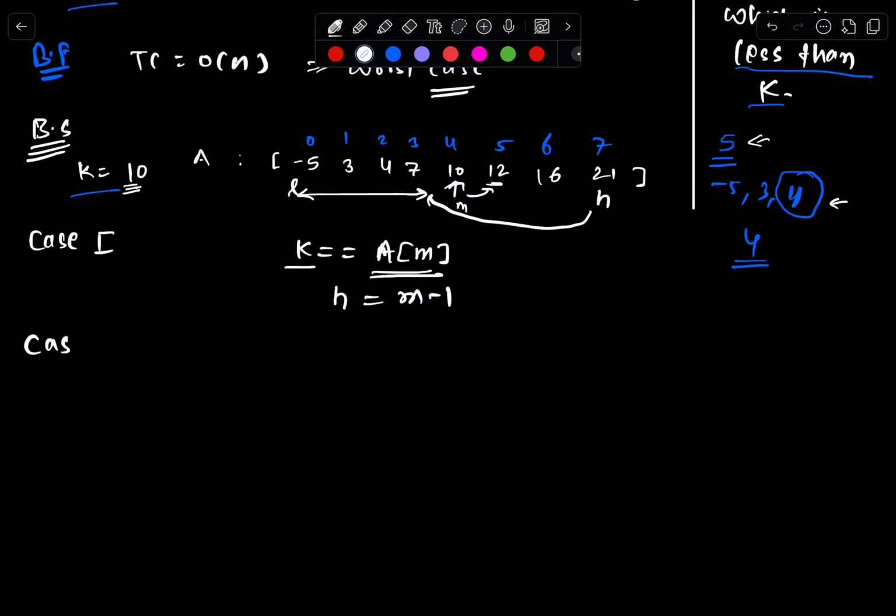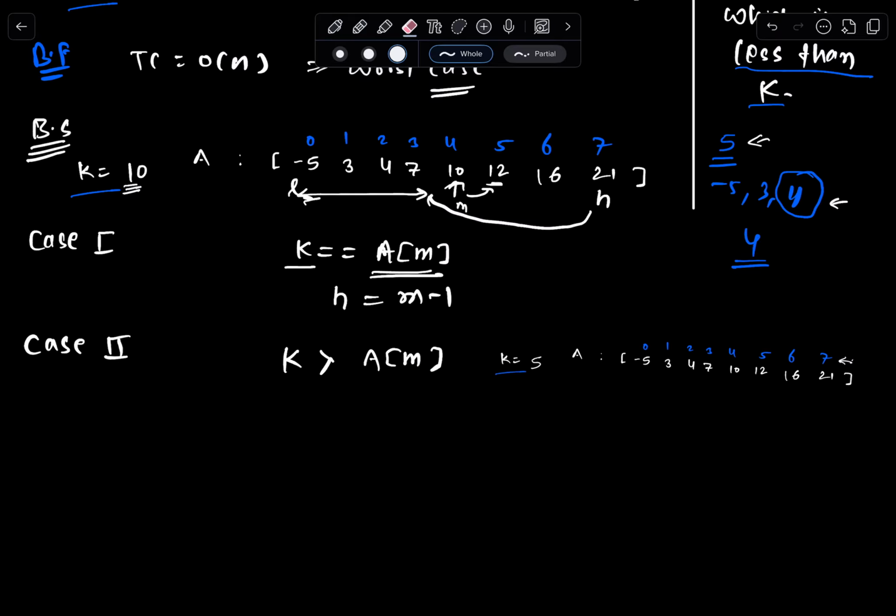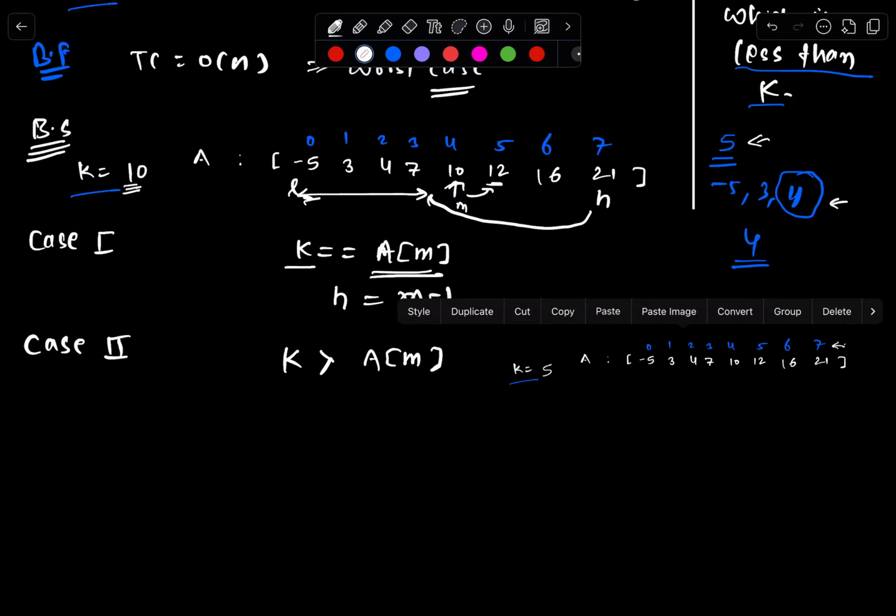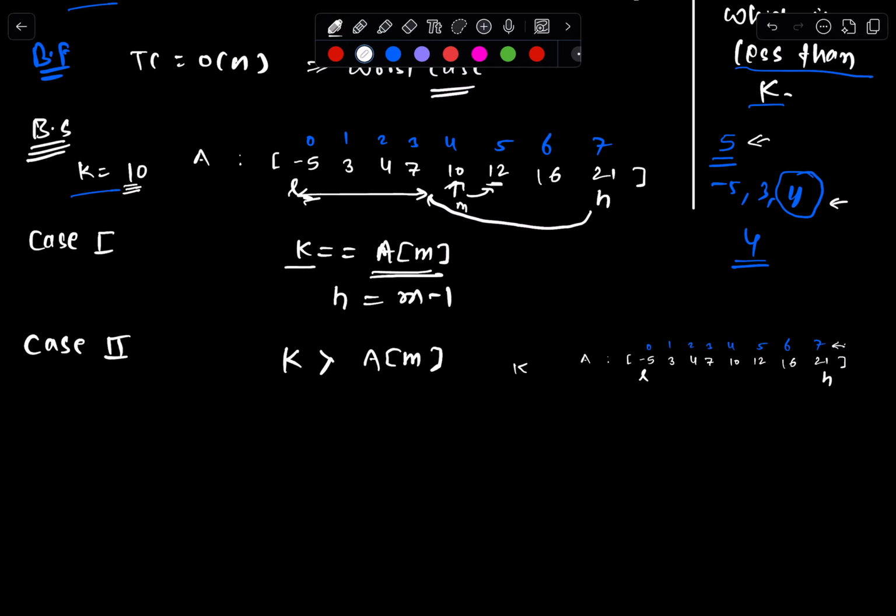What is my case 2? My case 2 is if my target is greater than the middle element. Let's make the target. This is my L, this is my H, and this is, let's say, my middle element.